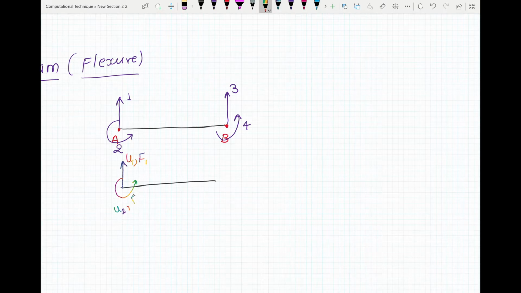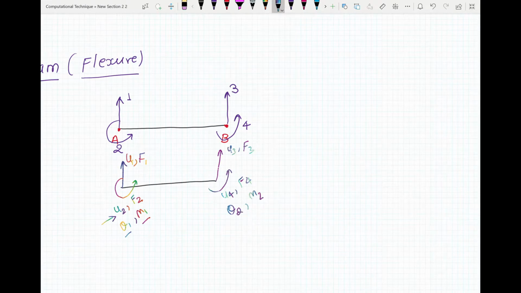This will be u2 and f2, but you can write here theta 1 or m1 for rotation and moments, because rotation and moment will occur here, but in this case I'll just be writing u2 and f2, and for this one you'll have u3 and f3, and here you'll have u4 and f4, or you can write here theta 2, m2, and you can replace this one by u2 or f2 as per your convenience.